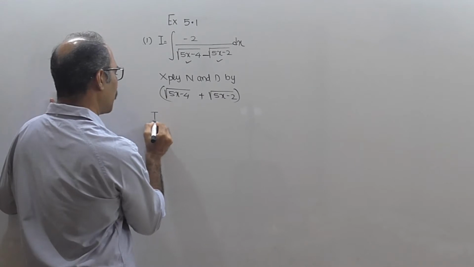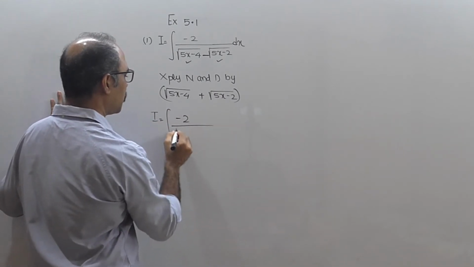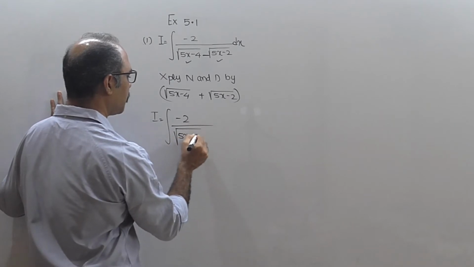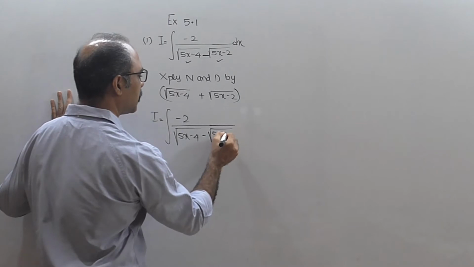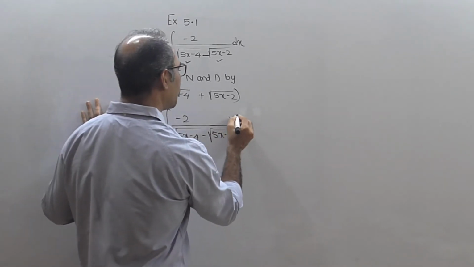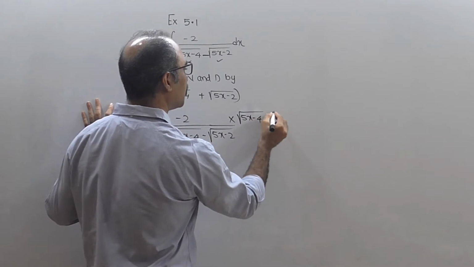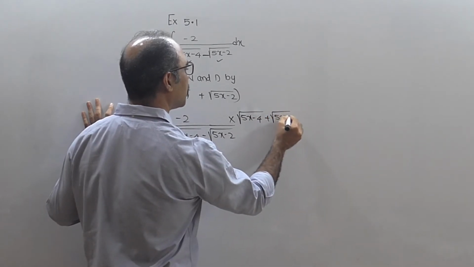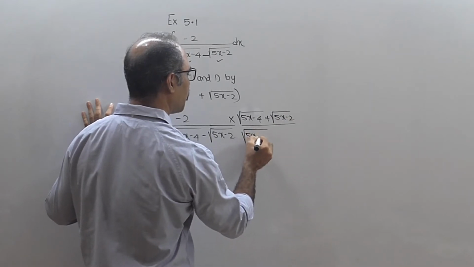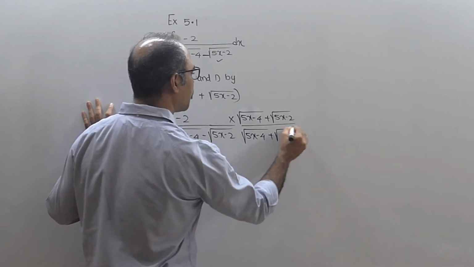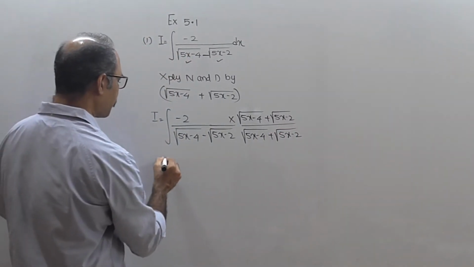So you have I equal to integration minus 2 upon square root of 5x minus 4 minus root of 5x minus 2, multiplied by root of 5x minus 4 plus root of 5x minus 2 upon square root of 5x minus 4 plus root of 5x minus 2.